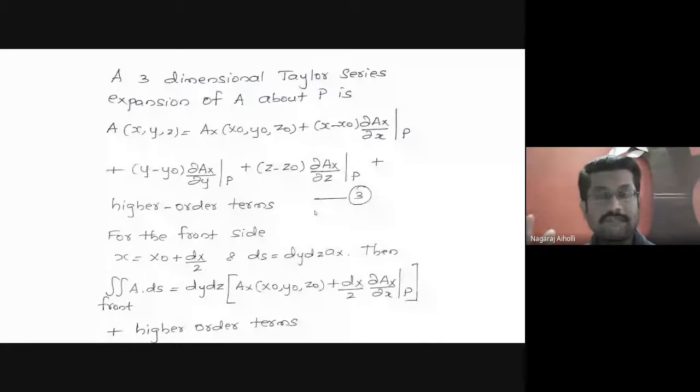For example, here A of x, y, z. This is the initial term, about the origin, Ax of x naught, y naught, z naught, plus a function of x minus x naught.